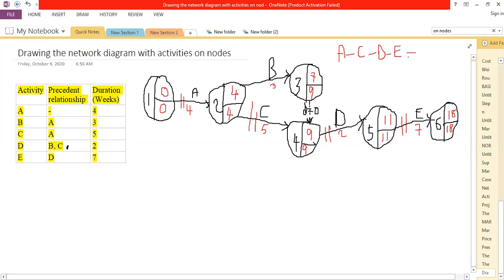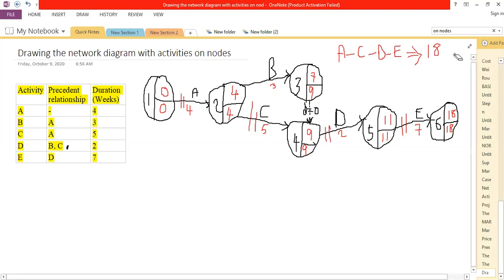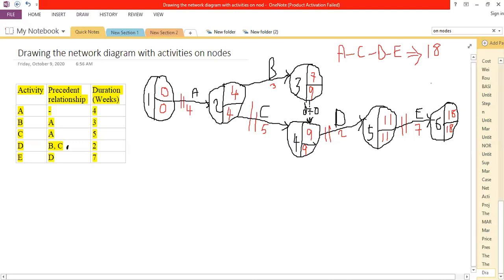The question is, this path will take us how long? We have got 18 weeks, and 18 weeks qualifies to be our project's duration. 18 weeks there, which becomes the project duration, meaning we are able to tell how long that particular project will take following our critical path. 18 weeks.